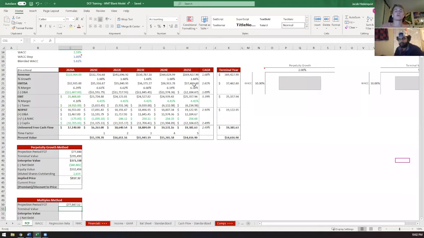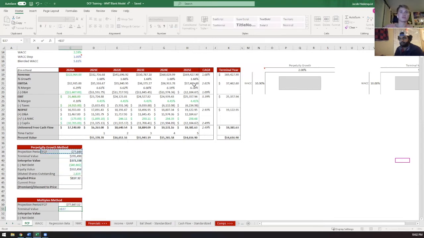In order to get our terminal value, we're going to multiply that multiple by Walmart's 2025 EBITDA. If you think about that, the numerator and the denominator of EBITDA cancel out. So that multiplication gets us our enterprise value, which is what we want: the terminal value part of the enterprise value.